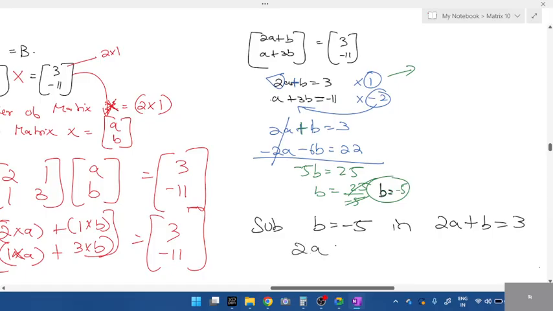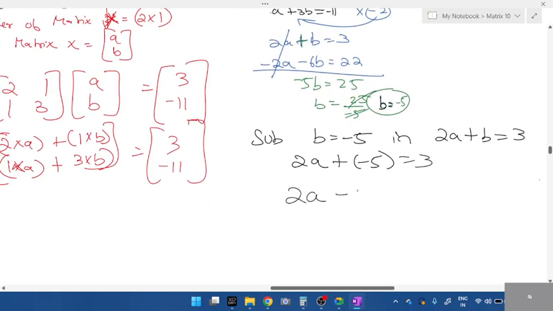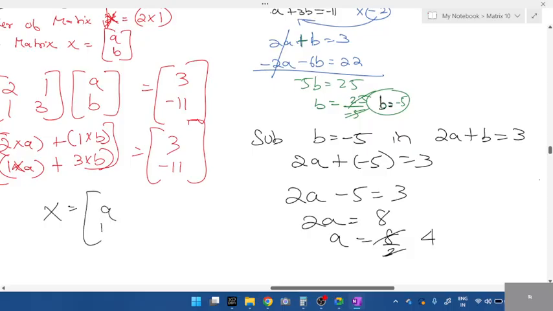So 2A plus minus 5 is equal to 3. 2A minus 5 is equal to 3. Minus 5 goes to the other side, plus 5. A is equal to how much? 4. So what is the order of the matrix, students? A and B. What's the answer? X is equal to 4 and minus 5.